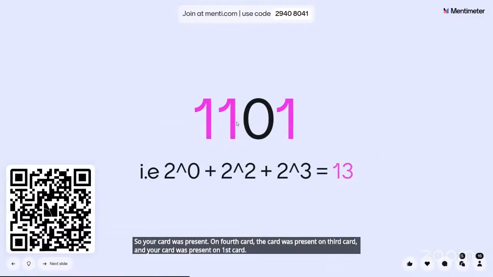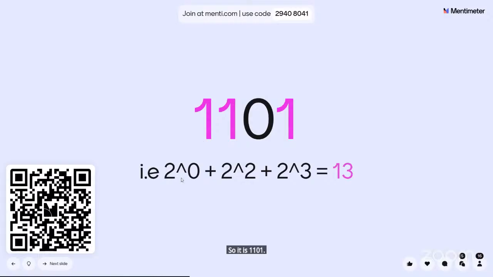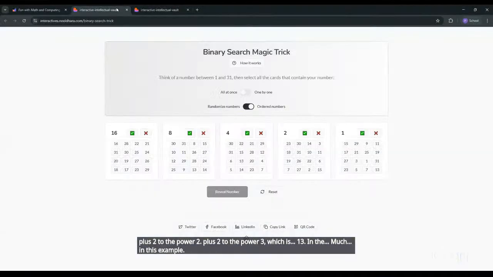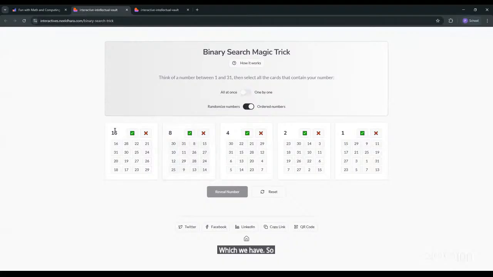So it is 1101. So it will be 2 to the power 0 plus 2 to the power 2 plus 2 to the power 3, which is 13.